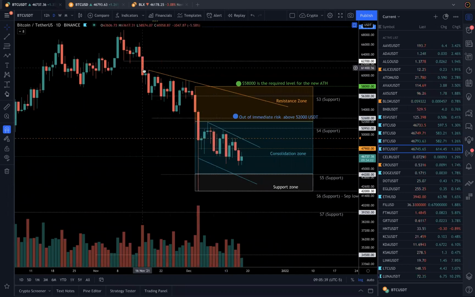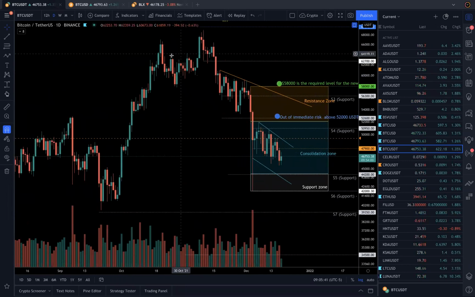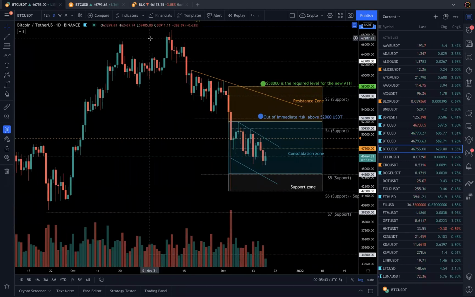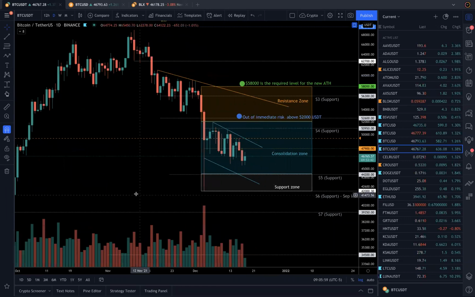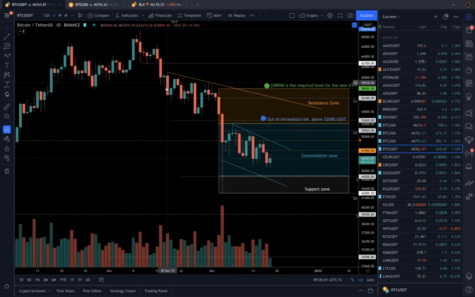Now there are three stages. So this is the first rounding top. Okay, and then a leg down, consolidation, you see, and a leg down, then a similar consolidation. Even though this particular consolidation is very similar, if you look at the zigzag, down, up, down, up, down, up, you see, this is an expanding pattern.